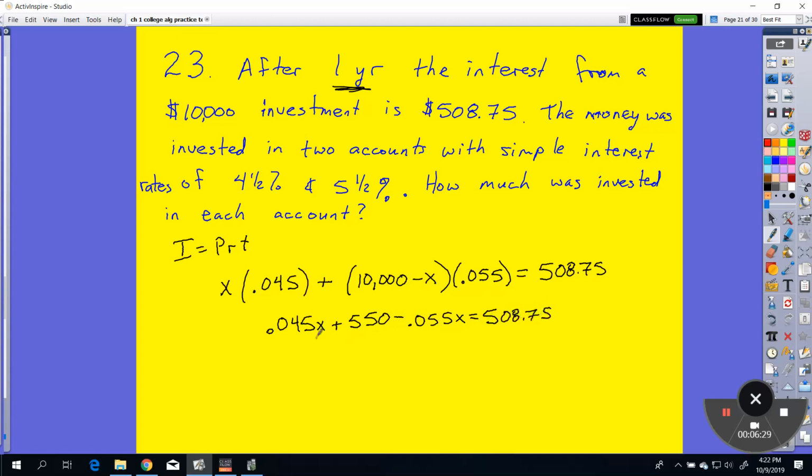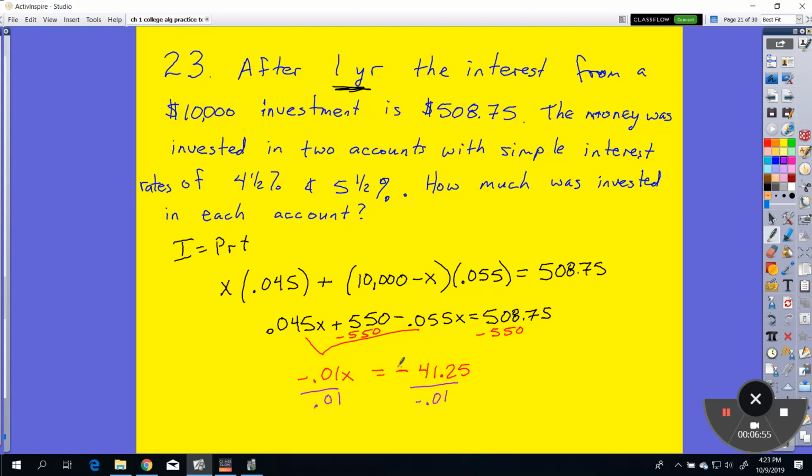So now I'm going to combine these two, and that makes negative 0.01x. I'm going to minus my 550 to the other side. That's going to make a negative 41.25. So now I just divide by negative 0.01.